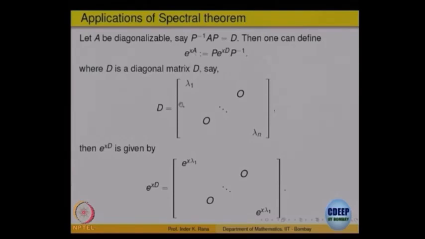If it is diagonalizable, e raised to the power A is P times e raised to the power of the diagonal matrix, times P inverse, and e raised to the power of a diagonal matrix is very easy to compute. If the entries are lambda 1, lambda 2, up to lambda n, then e raised to power D is just e raised to each of those diagonal entries, right.